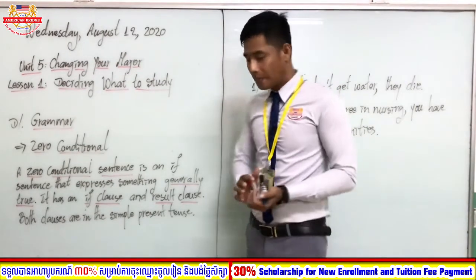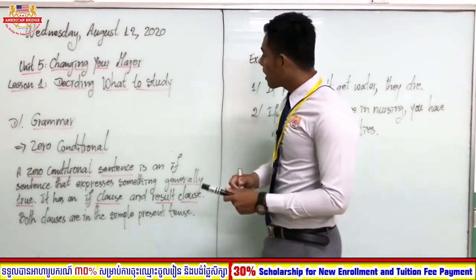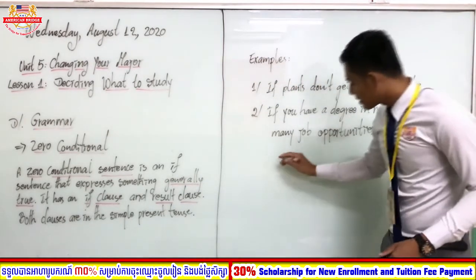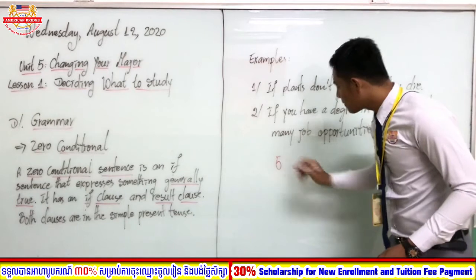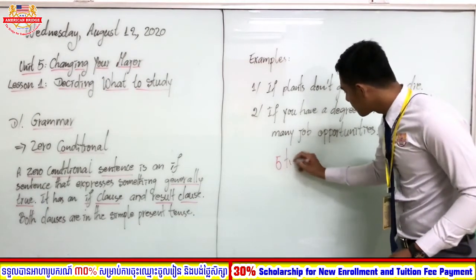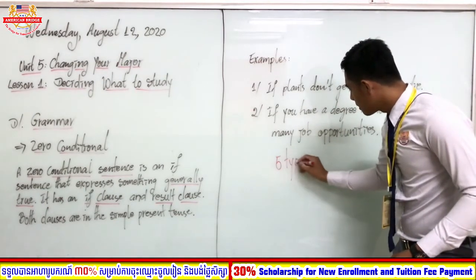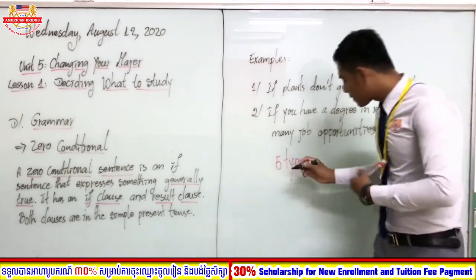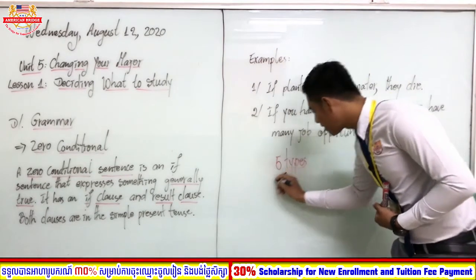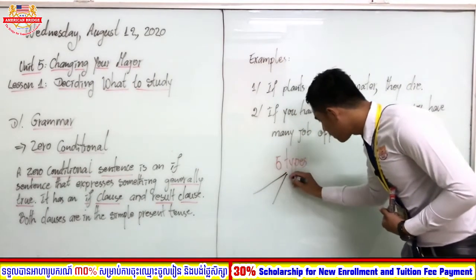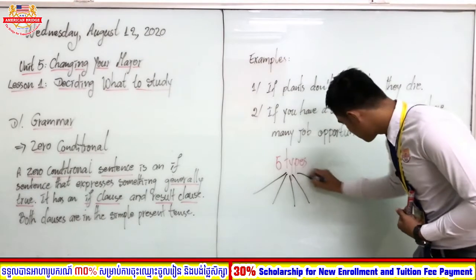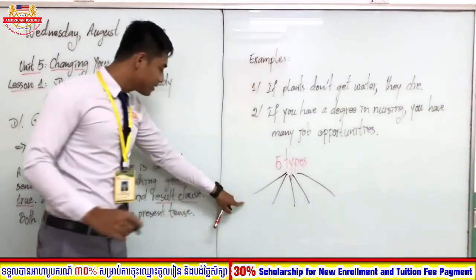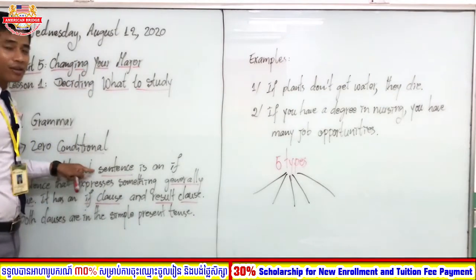So there are five types of conditional sentence. Where can I write it? Five types. What are they? Who knows? First, zero conditional.